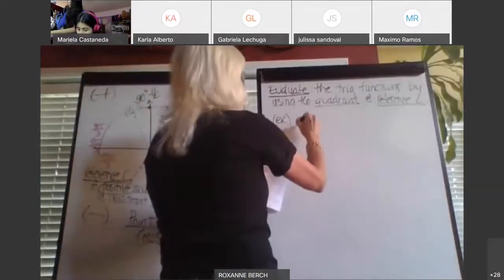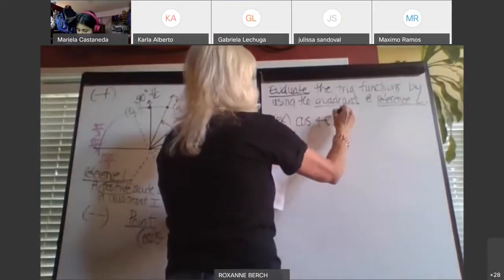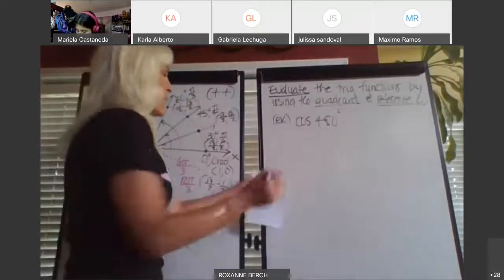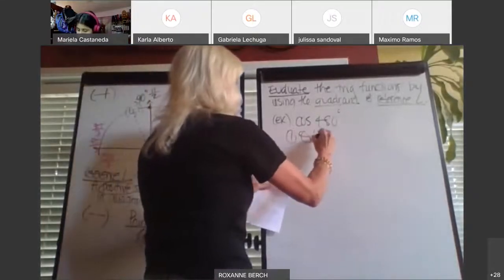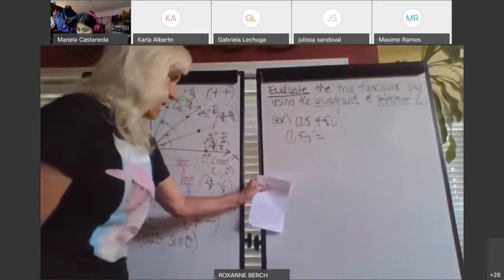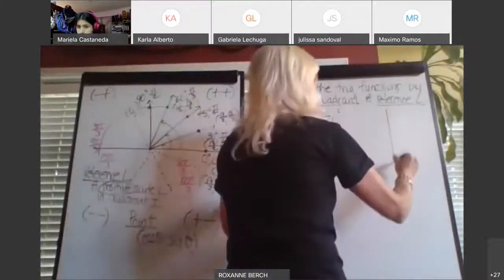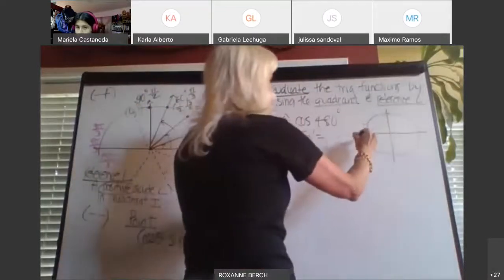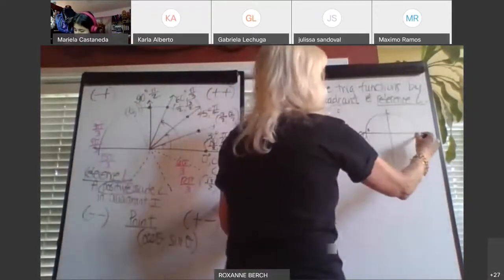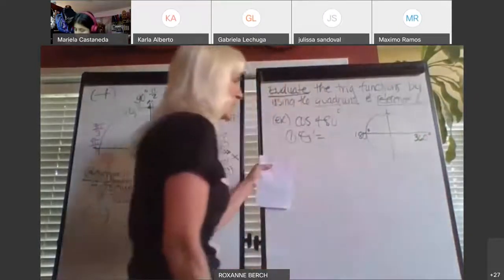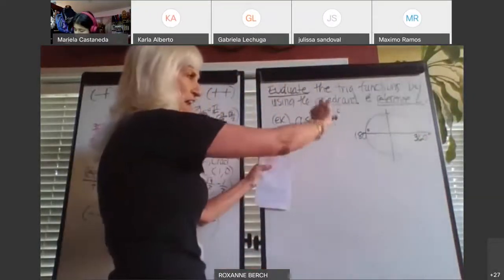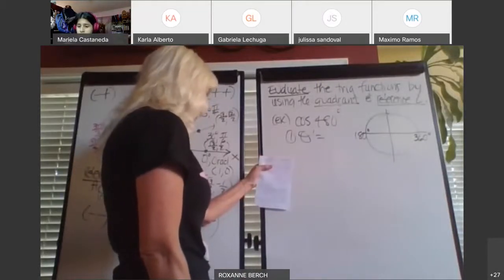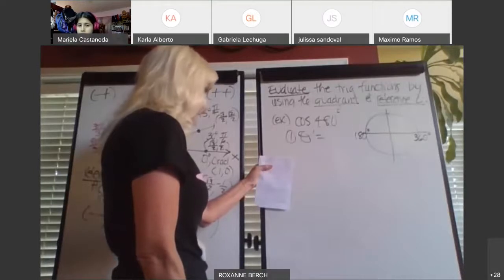What if we want to find the cosine of 480 degrees? It's more than one revolution. So we want to find the reference angle. And so let's take a look at this. Okay, half a revolution is 180 and a full revolution is 360. If I go another 180, you have 360 plus 180.